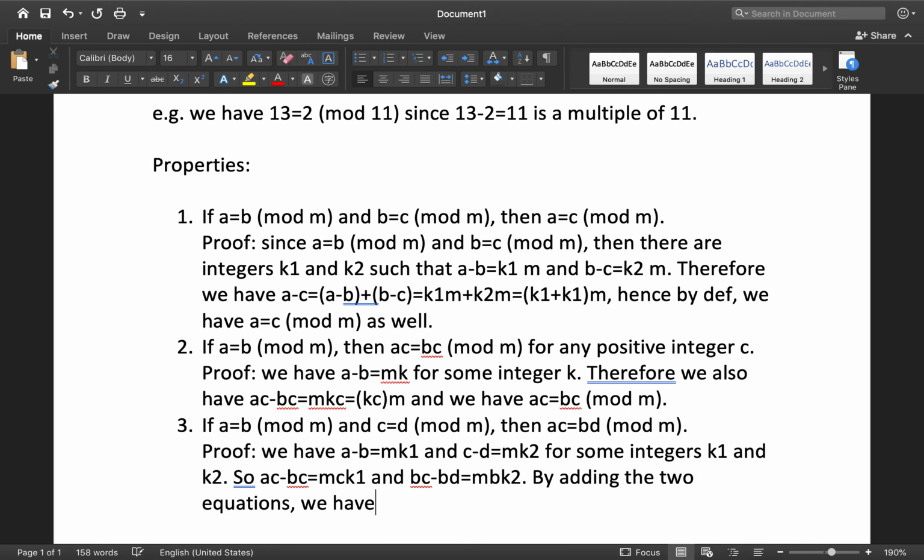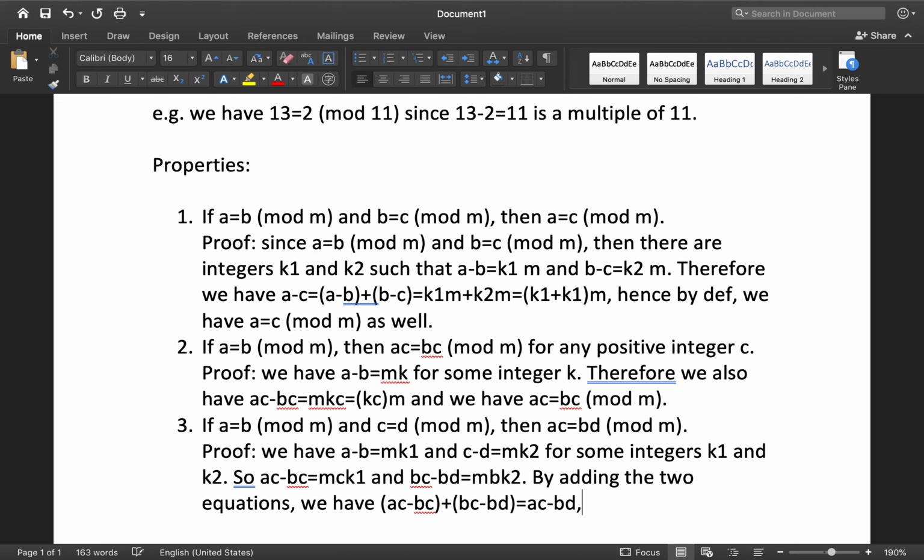So by adding the two equations, we have AC minus BC, let me just put a bracket, and then add BC minus BD. Then you add up the two differences, and because the BC just got cancelled, you have AC minus BD.